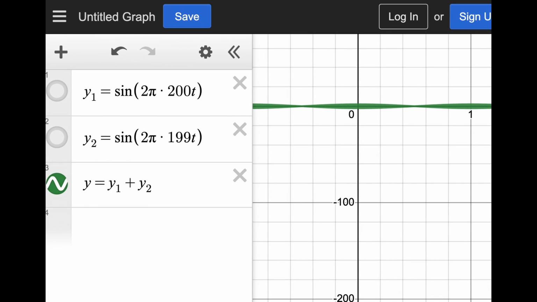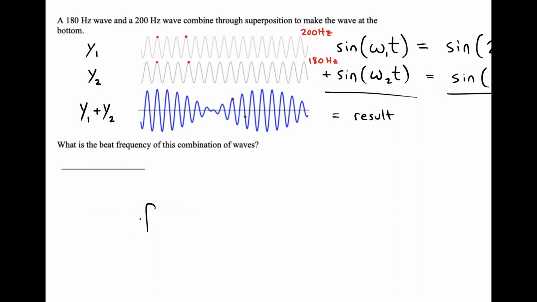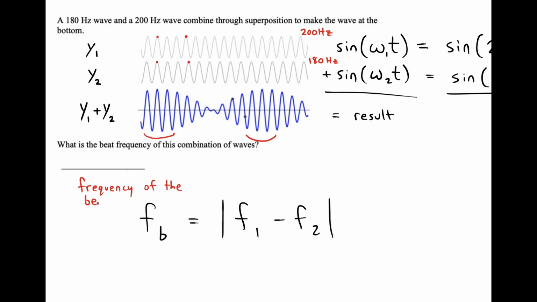So there is a formula for what we call beat frequency. The formula is FB equals the absolute value of F1 minus F2, where FB is the frequency of the beats that you hear. The beats would be the constructive interference points, such as here and here. So they call this a beat, and this is a beat.